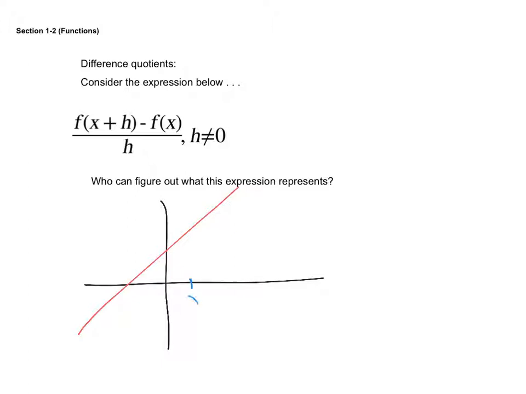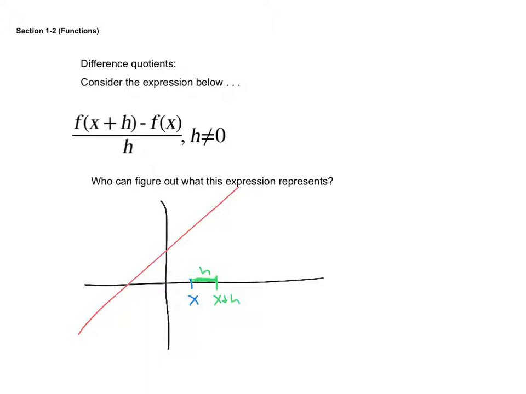So let's make that x right there. And then I'm going to take a value of h, and I'm going to do h in green, and that means x plus h right there. Okay? So x plus h is basically the sum of x and h, and on the number line we would show it like this.